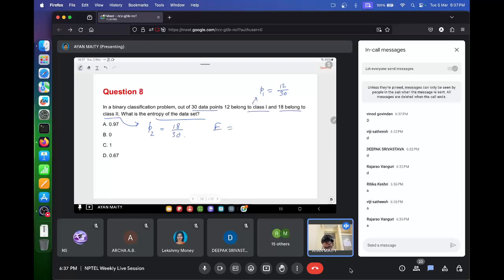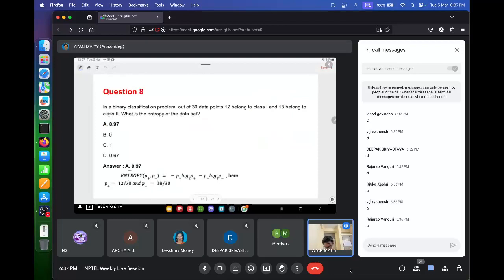The formula of entropy is minus of P1 log P1 plus P2 log P2, and these logs are base 2 logarithms. So this is the overall formula. So here you have to plug in these two values of P1 and P2, and if you plug in these values, you will get 0.97.